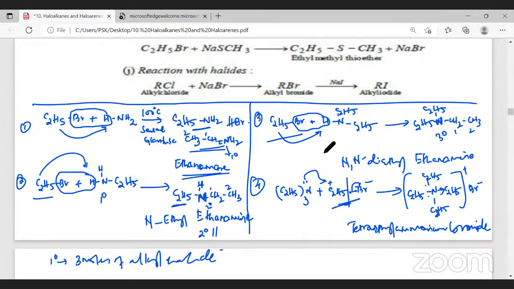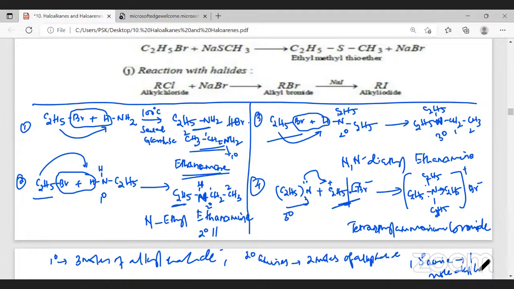Now, if you start the reaction from secondary amine, to complete the reaction, how many moles will it consume? Secondary amine will consume 2 moles of alkyl halide. Now, if you start with a tertiary amine, it will react with only 1 mole. Tertiary amines will react with only 1 mole of alkyl halide.